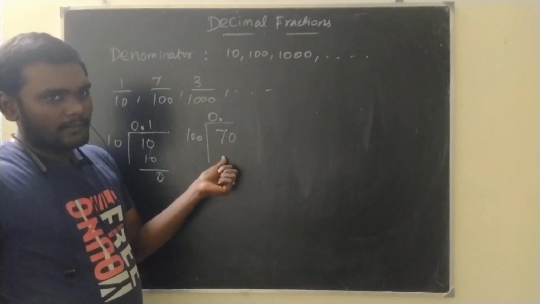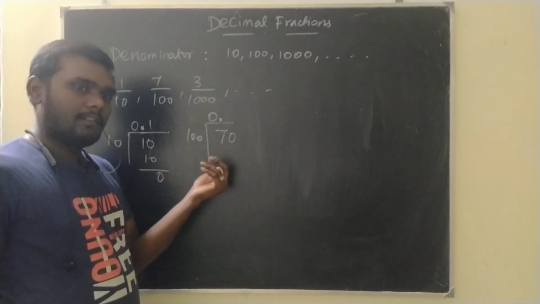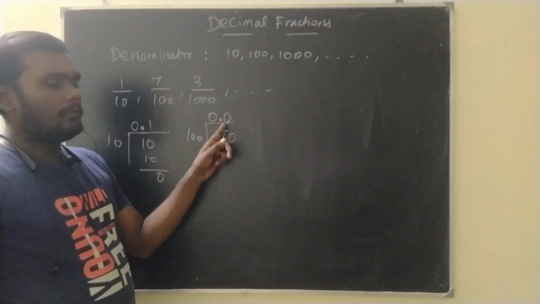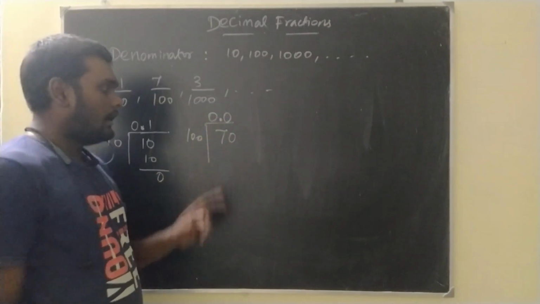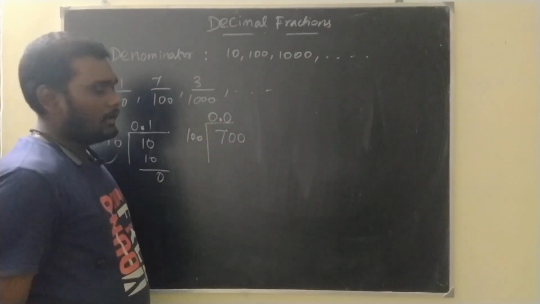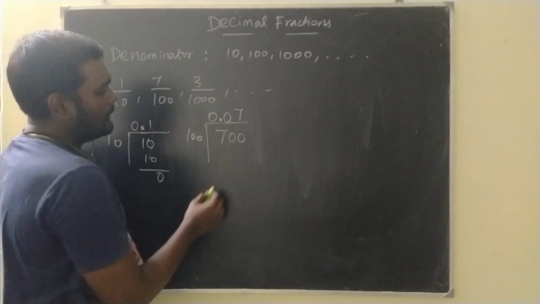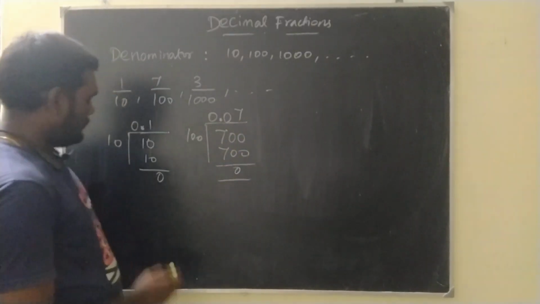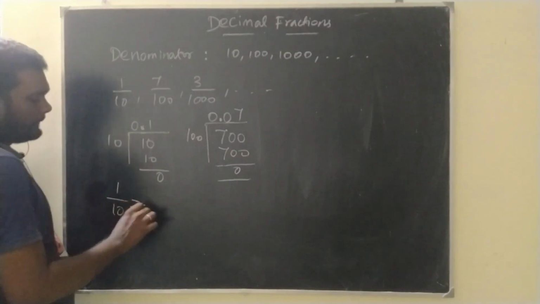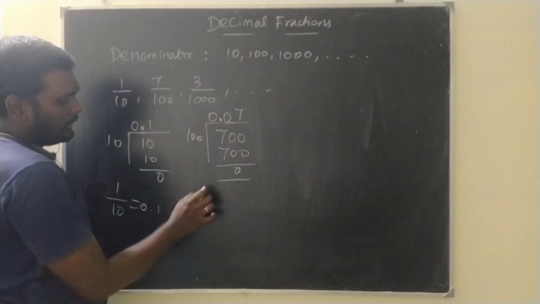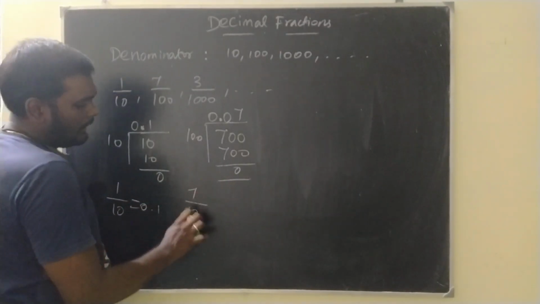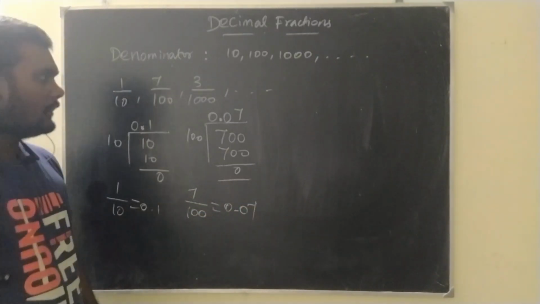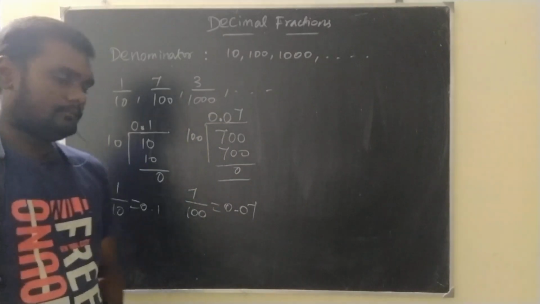So in such cases, even after we add 0, if it is not divisible, we introduce one more 0 in the quotient and we add another 0. Then it will become 700. So this 1 by 10 is 0.1 and this 7 by 100 is 0.07.